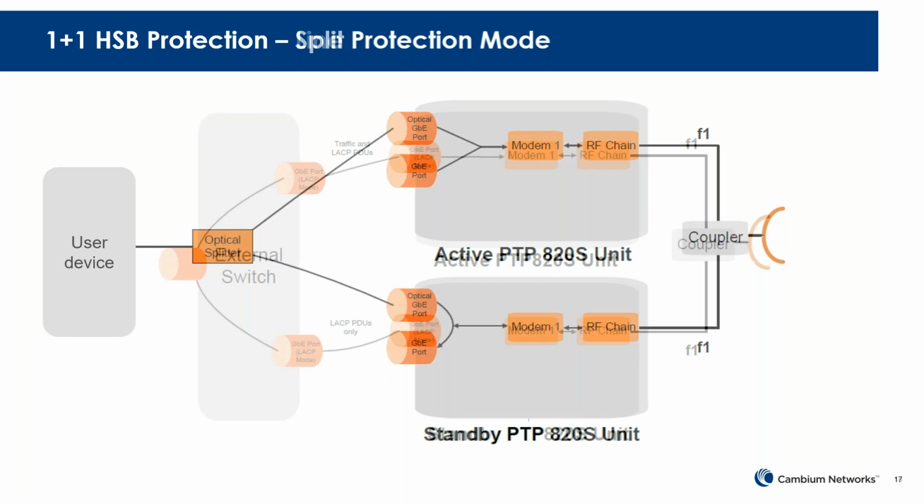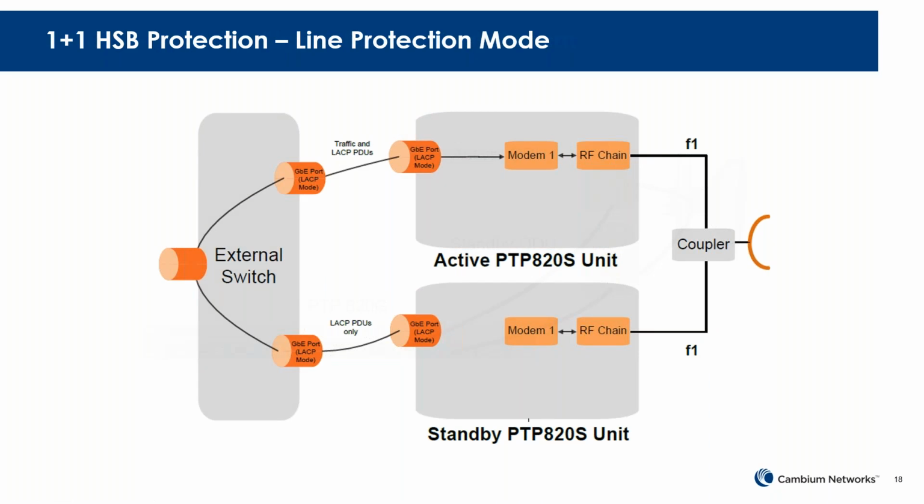And also we support line protection mode. With line protection mode, we support both copper and fiber. So you can use the PoE port and use a copper Ethernet cable.